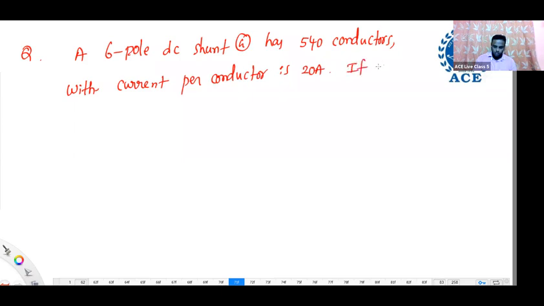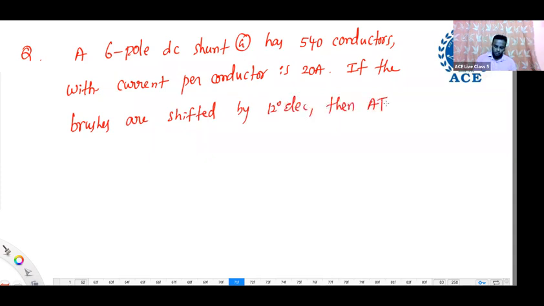If the brushes are shifted by 12 degrees electrical, then ATD per pole is dash. Try the answer.